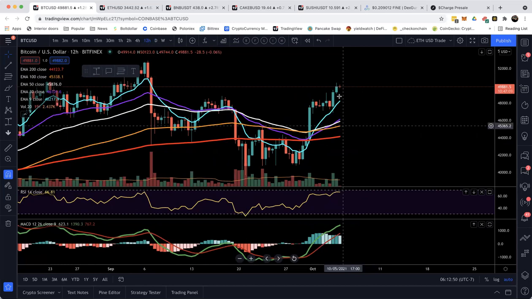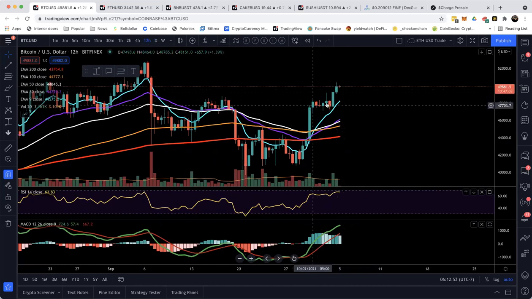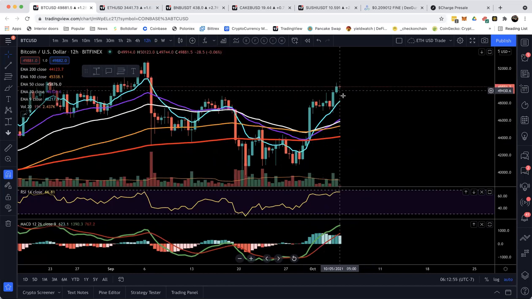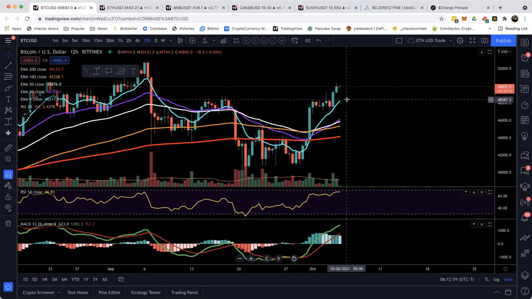So the 12-hour time frame, I like it. It looks great. However, I'm concerned that we're going to be maybe coming back down here, not only catching up to the 9 EMA, but if you notice here, guys, this is an area of resistance. You see this area here, resistance, support, resistance, support.